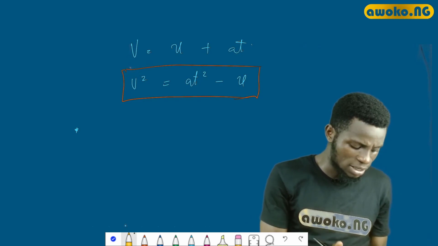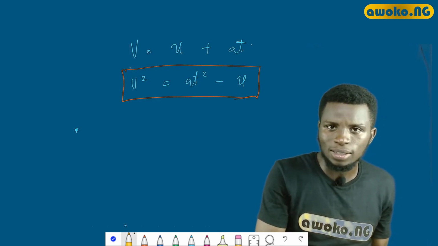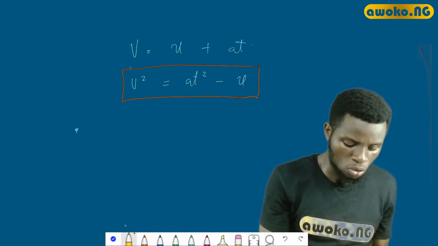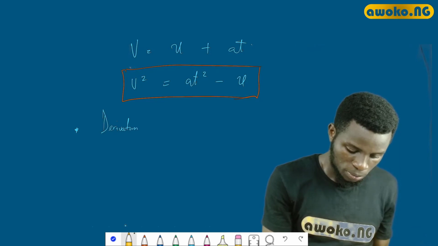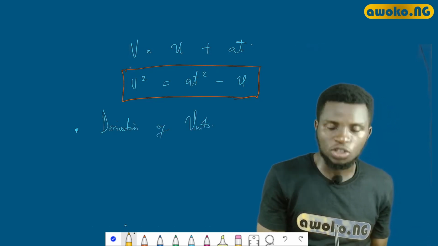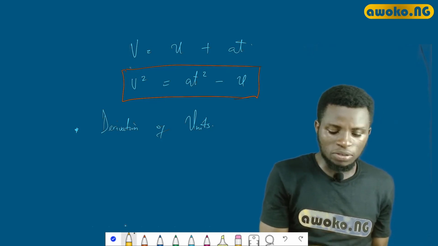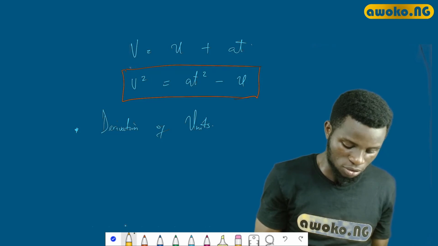Another application is that we use dimensional analysis to derive the units of a physical quantity. Derivation of units. To check this, let us still use the same equation of motion that we used earlier.